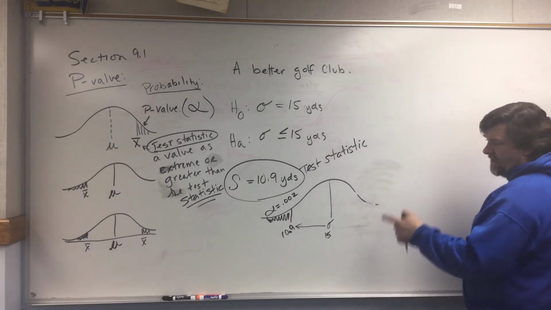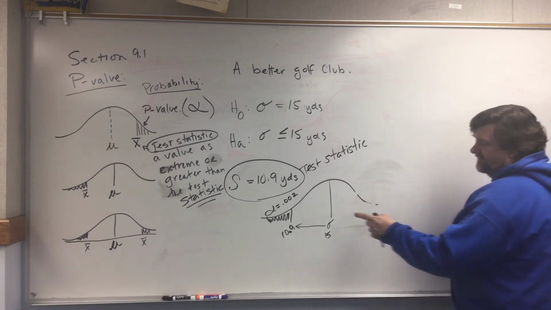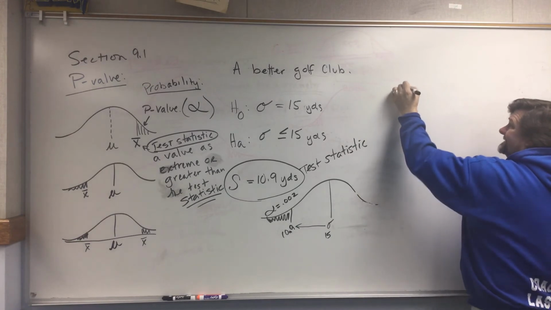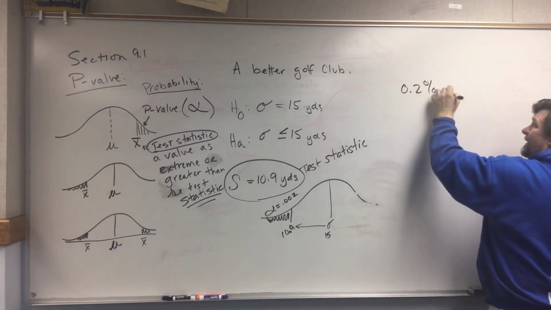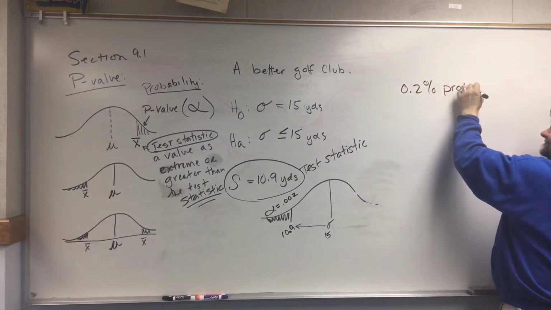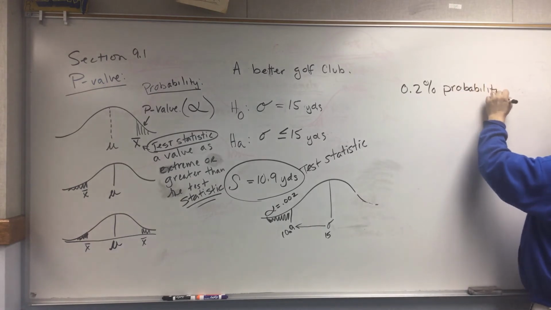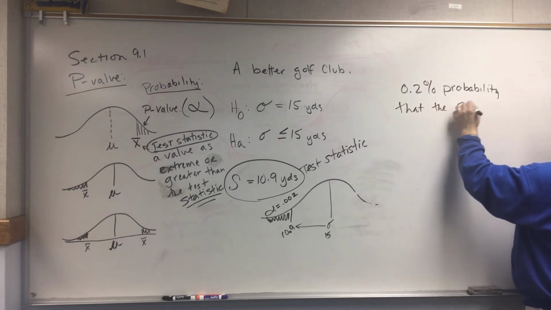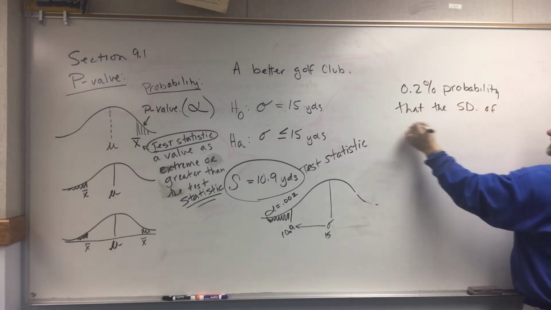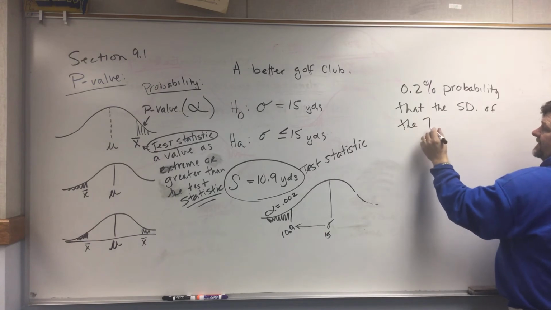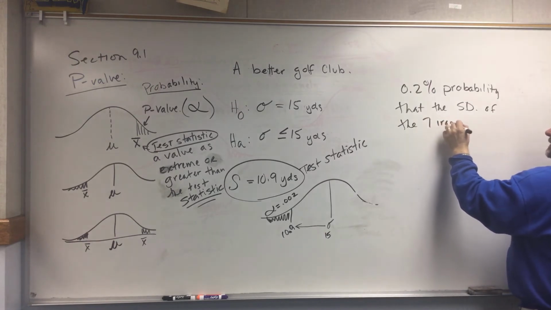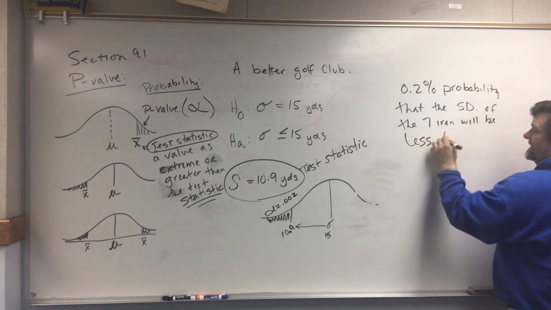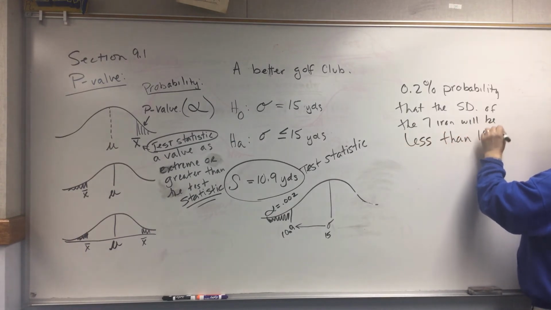So when we're looking at that, we're going, well, okay, hold on a sec. If it's 0.02%, I'm sorry, 0.02, that's 0.2% probability that the standard deviation of the new 7 iron will be less than 10.9.